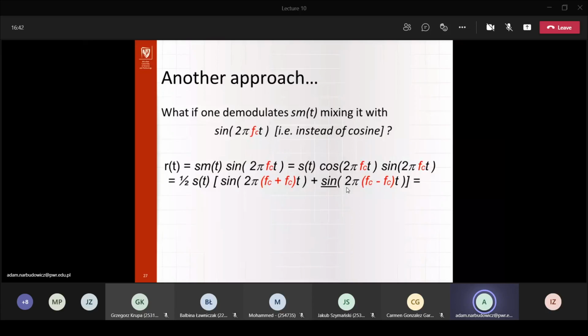Anybody? Well, what is the value of sine 0? It's not supposed to be a tricky question.